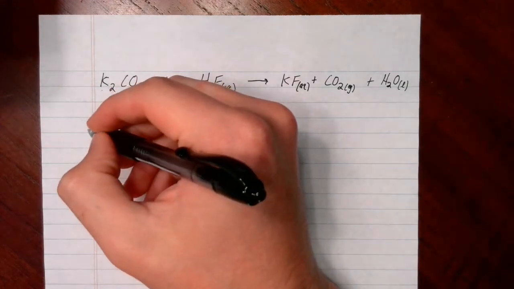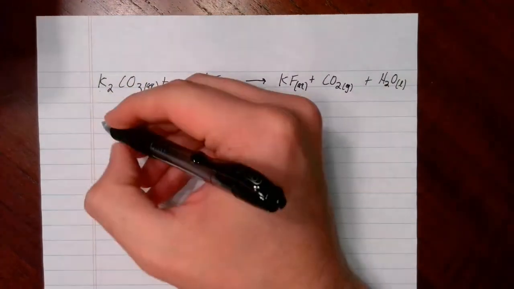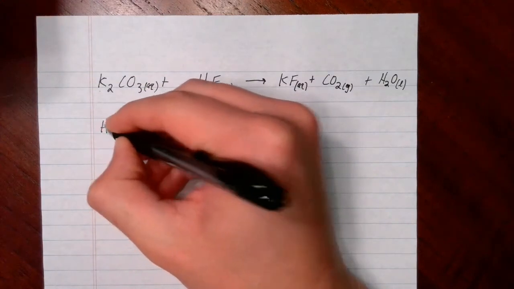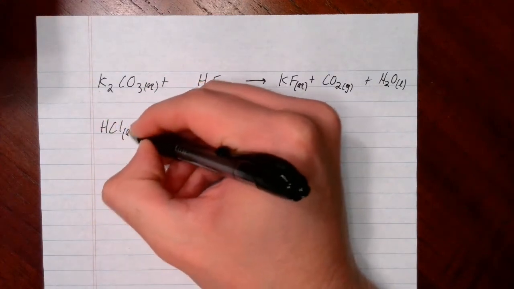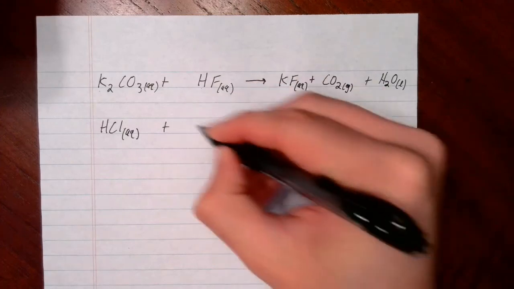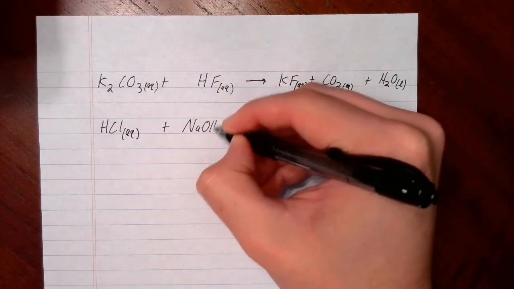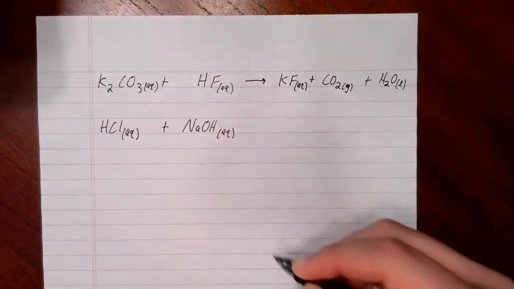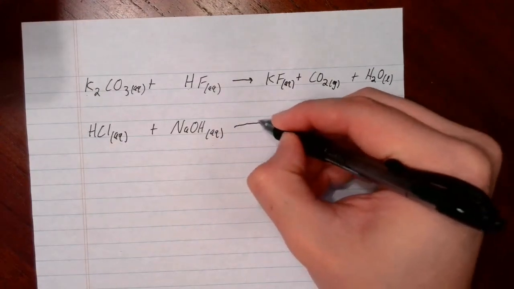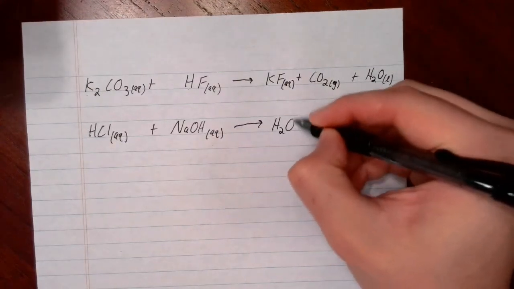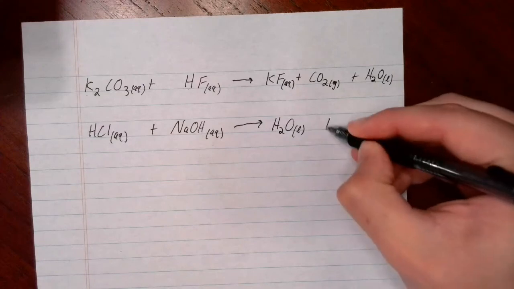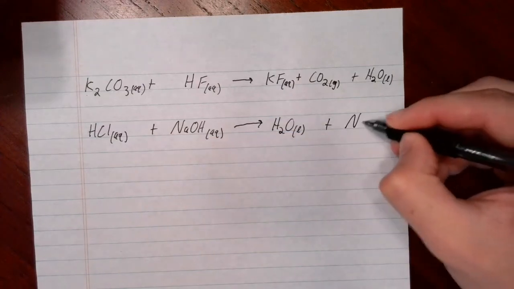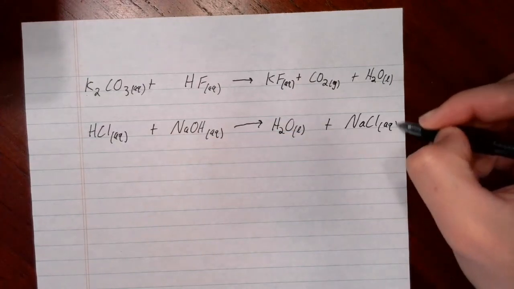In the third class, we have an acid plus a base. We can think of the most common acid, HCl aqueous, plus a base, NaOH aqueous. The products are always going to be the same here. We'll have H2O liquid plus the salt that's left over, so here, NaCl aqueous.